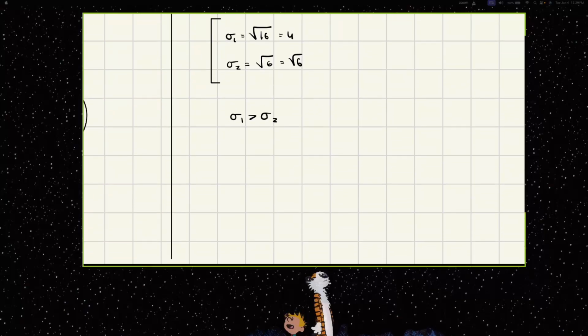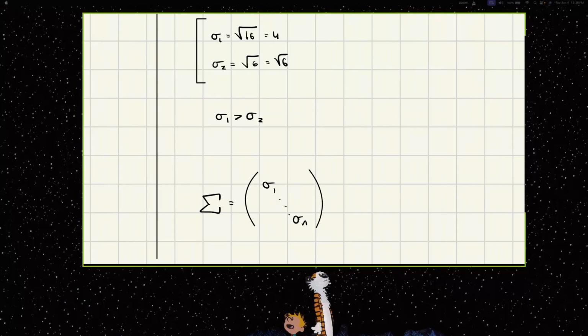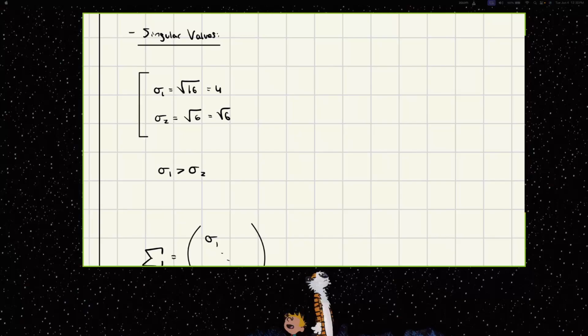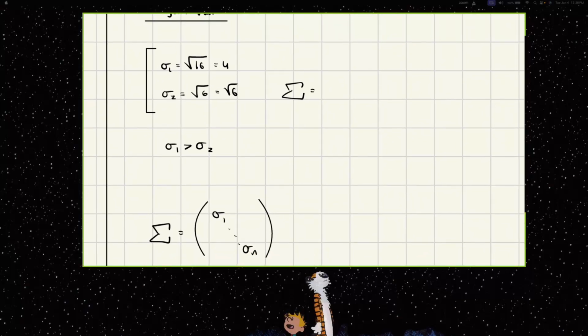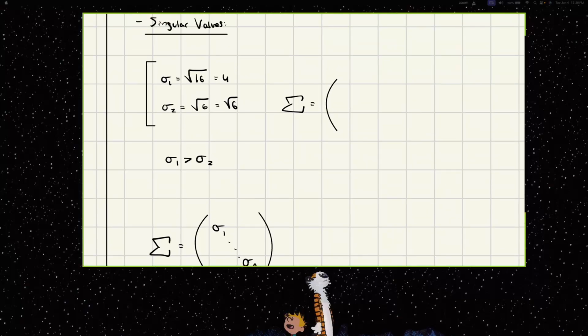Great, now that we know that, we can actually form sigma. If you recall, sigma is just going to be a matrix with the singular values in the diagonal like this. We recall it's m by n, so it'll be 2 by 3 in this case.